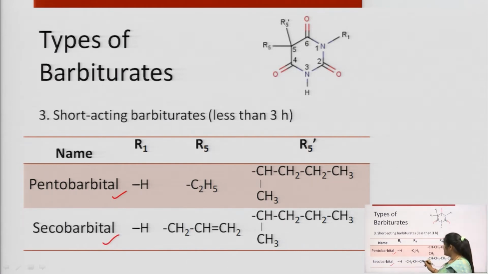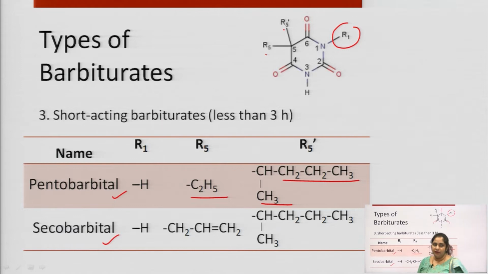In this case, the nitrogen again remains unsubstituted, and the substituent at position number 5 varies. In pentobarbital it is C2H5 and an isopentyl group at position number 5. And in case of secobarbital, here we have a double bonded substitution.